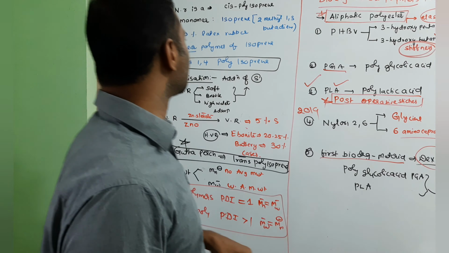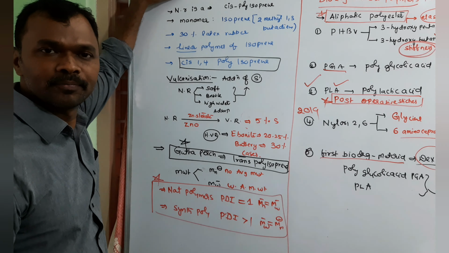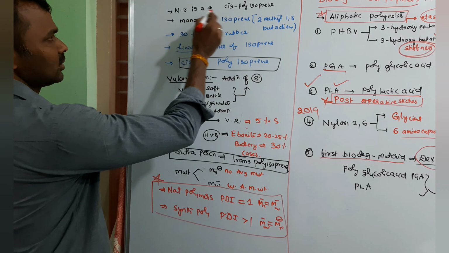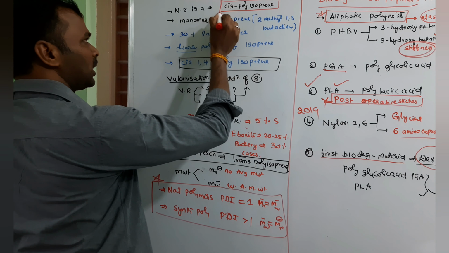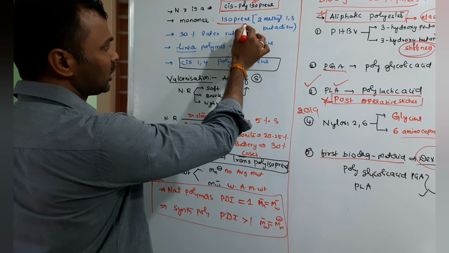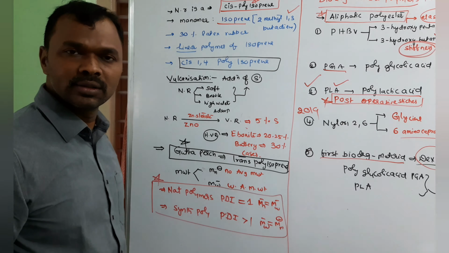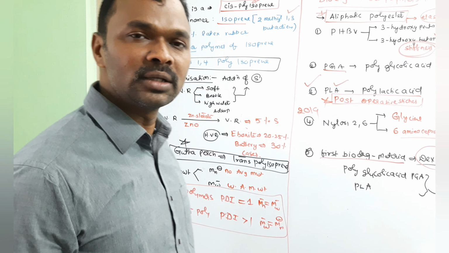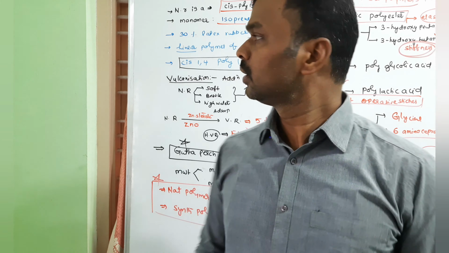So next one is natural rubber, which is cis polyisoprene, very, very important. The monomer is isoprene. IUPAC name is 2-methyl-1,3-butadiene.